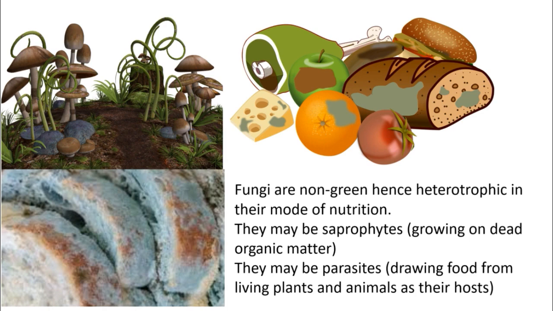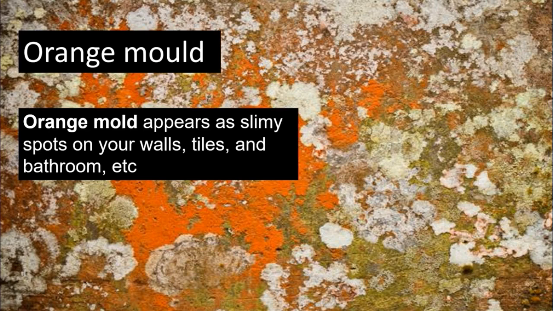Right? There is one more type of mold called orange mold. Right? A mold is something which you see, as I already told, on food which is kept for so long, on fruits which are placed outside without use, even on bread. And sometimes on walls and tiles in the bathroom you see a particular kind of mold called orange mold.